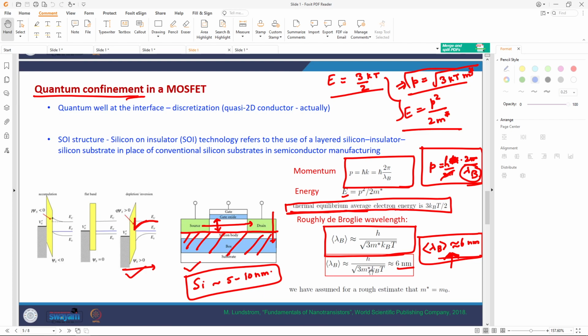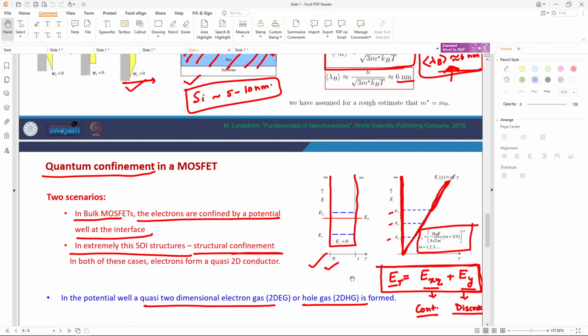And what is the limit in which we are working these days? We are working at around 5 to 10 nanometers, so quantum effects are going to become very, very strong. So what happens when we have quantum effects?